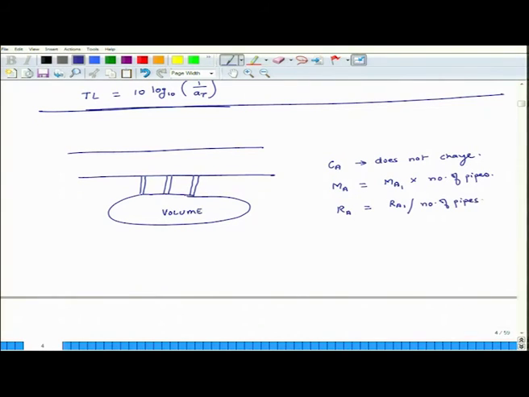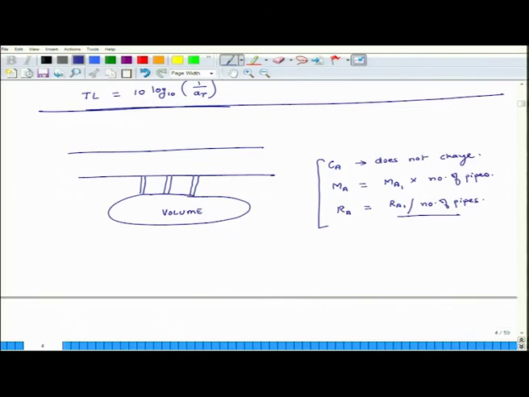This is just the inverse, because the units of acoustic resistance in this mathematics are actually the inverse of the actual resistance. That is why we divide it by the number of pipes. So, this is important to remember.